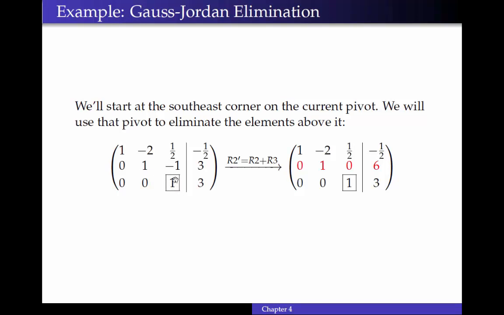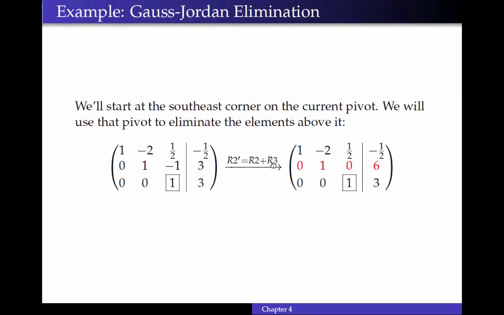We're going to start in this bottom right corner and work our way back up. Starting in the bottom right corner, we want to eliminate the elements above this pivot. To do that, we can replace row 2 with row 2 plus row 3, and that will eliminate this value right here. We only do this once we've already eliminated everything below the pivots, because these zeros will not affect the remainder of the calculations.